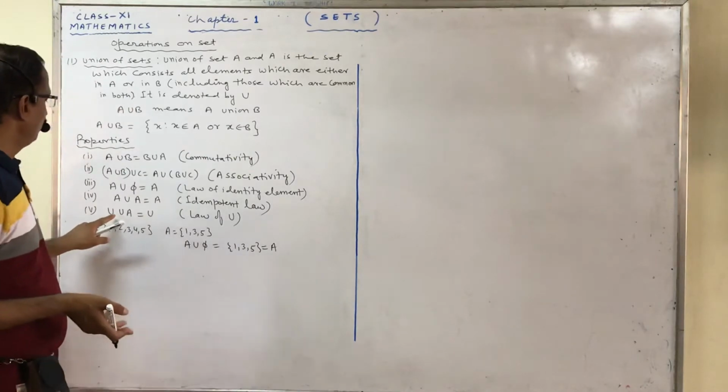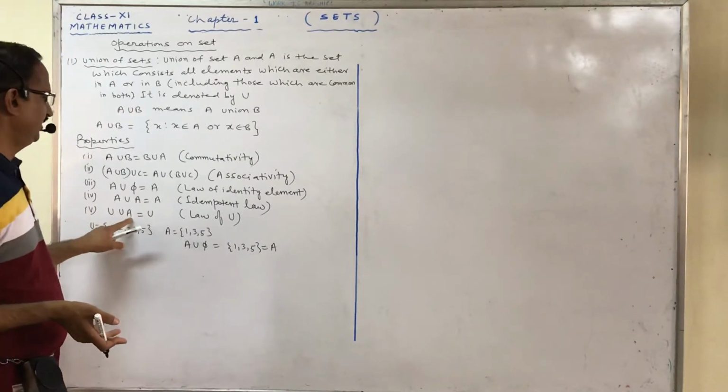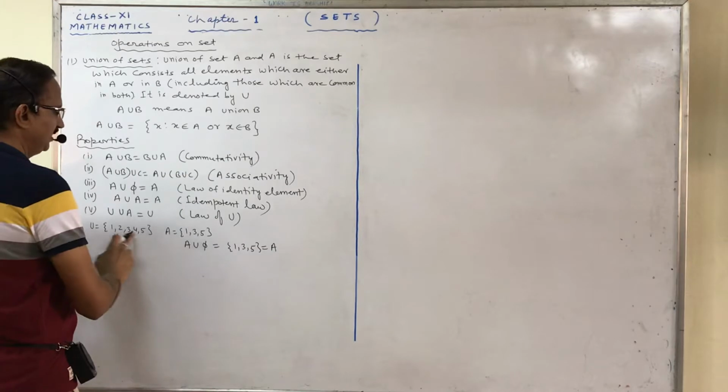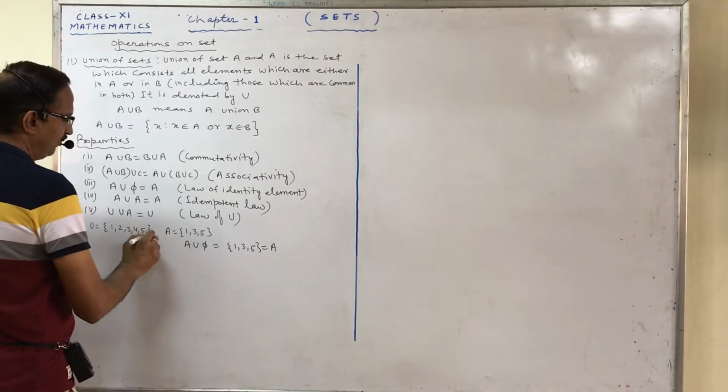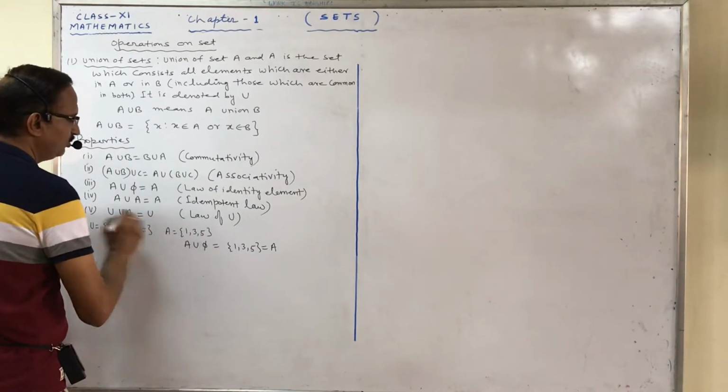Next, union of universal set and A. This is the universal set, this is set A. Now what is the union of these two sets?